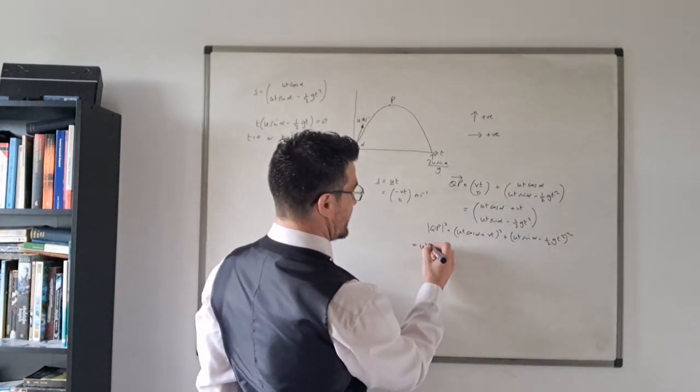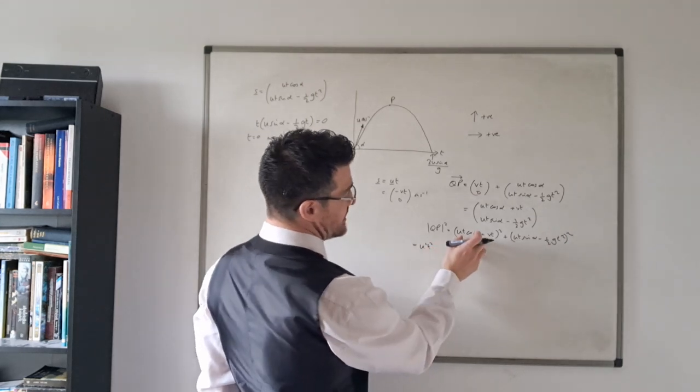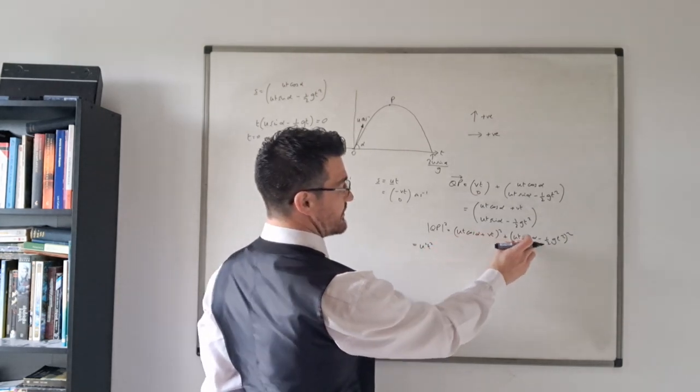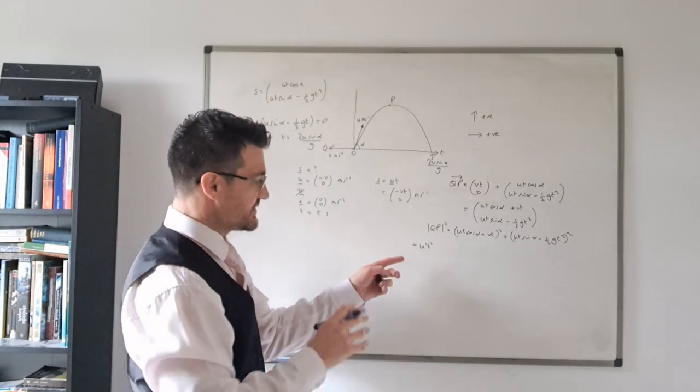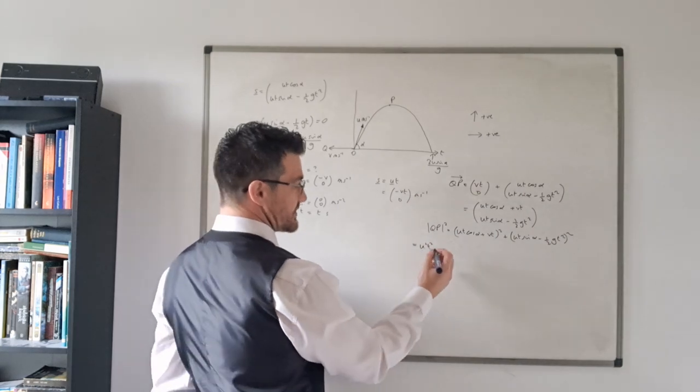I get u squared t squared cos squared alpha from here and sine squared alpha from there, which when grouped together give u squared t squared.